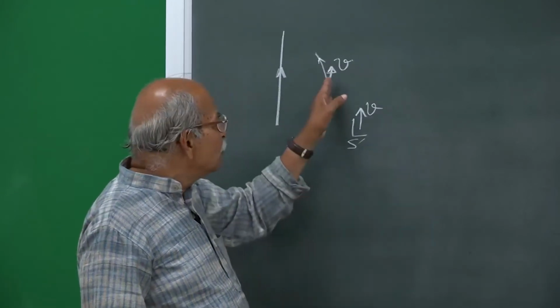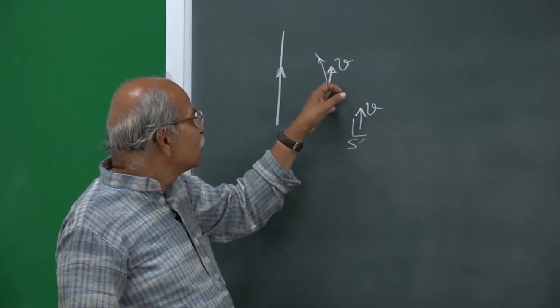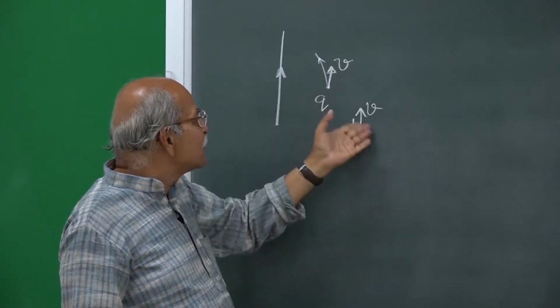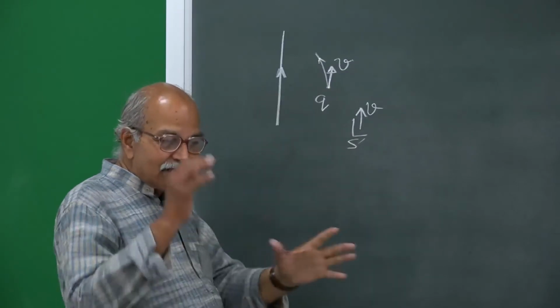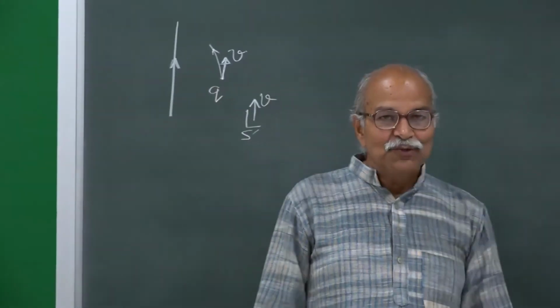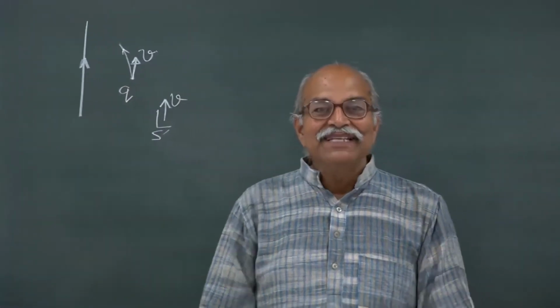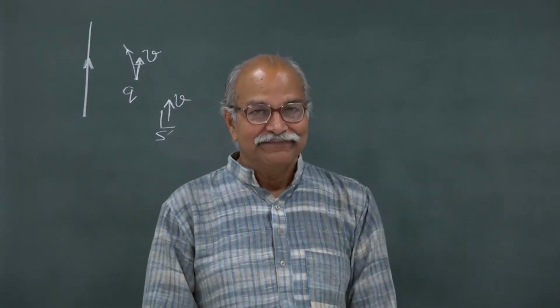And if there is no magnetic force, then it should just stay there. Why should it go towards this wire? So, that is a dilemma many students have when they do not know about relativity. So, these are the kind of questions which I want to address today.